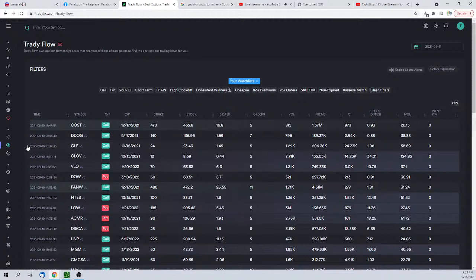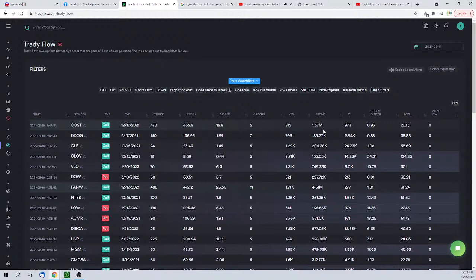So this is what's going to be in the Discord. You're going to get an alert from this TradyFlow bot. It's going to say Costco, call, expiration December 17th, strike 470. The stock price is at 465.80. The ask price is $16.80 per contract.